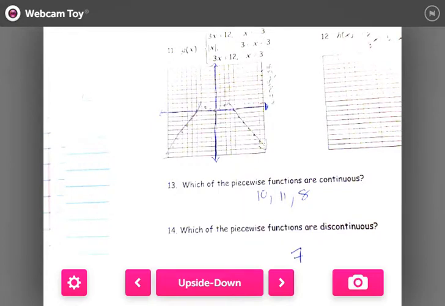So if we're doing this one, 12, we're going down 3 over 1, down 3 over 1. Down, that's 2, 3.